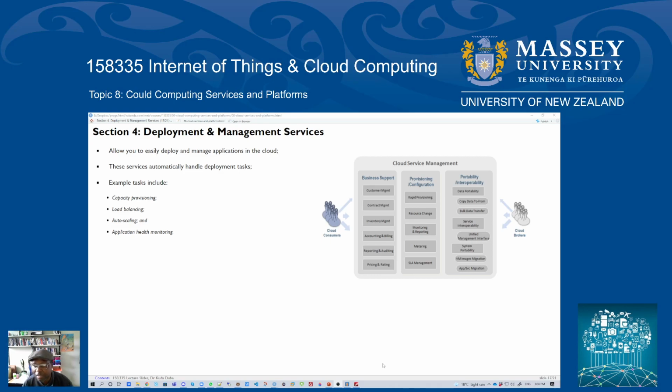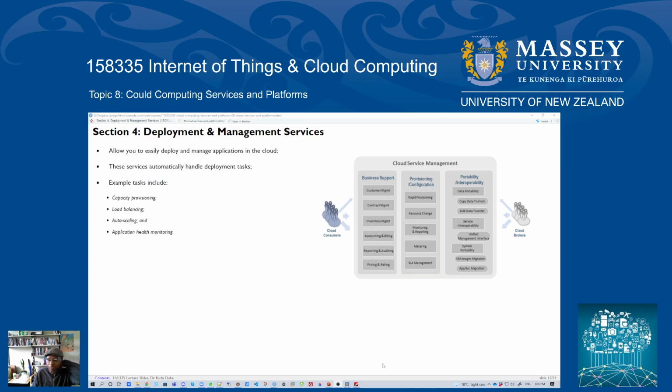On portability and interoperability, we normally have data portability. In other words, your data must be in a format that is accessible on different platforms or even different clouds. Copying data to and from, bulk data transfer, things like service interoperability.